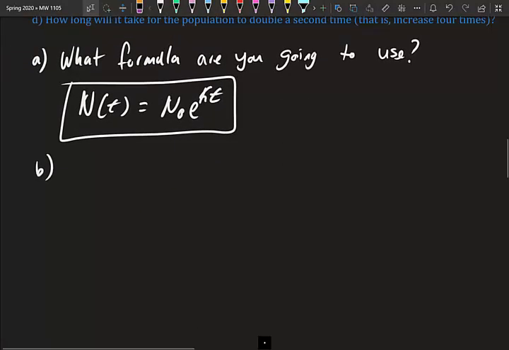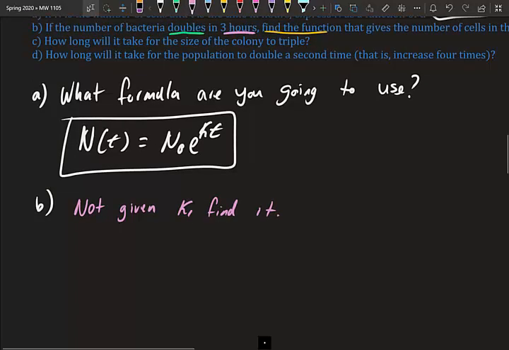We don't have k. If you have k in your formula, you need to find it if you're not given it. Alright, so let's go ahead and find it. And we can find it by the information they just gave us.